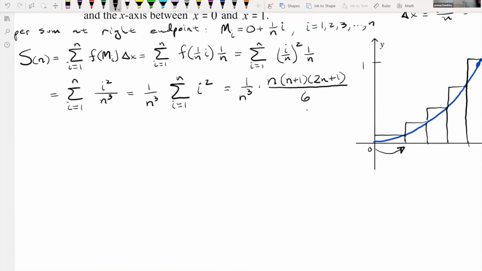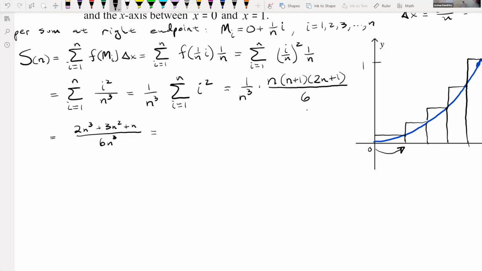And so now we're going to simplify that. If I multiply the numerator out, the binomial, and then multiply in the n, I get 2n to the third plus 3n squared plus n, all over 6n to the third. If you need to, pause the video and check that out for yourself, but it's right.